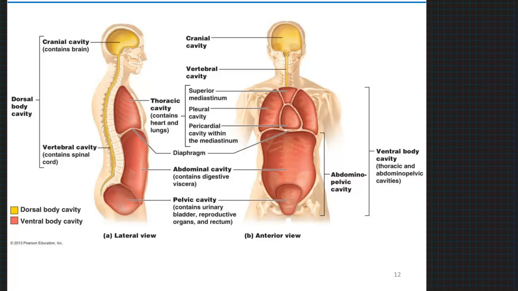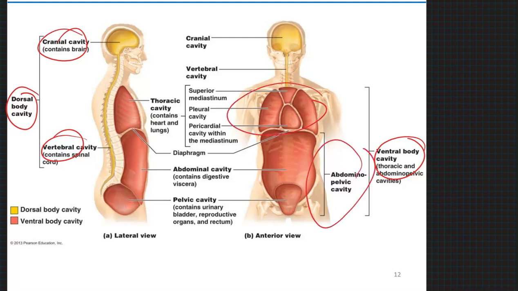Body cavities. Again, I think you can read this. It can be a little confusing, because we start with big chapters: dorsal and ventral. Dorsal is divided into cranial and vertebral. Ventral is divided into thoracic and abdominopelvic.